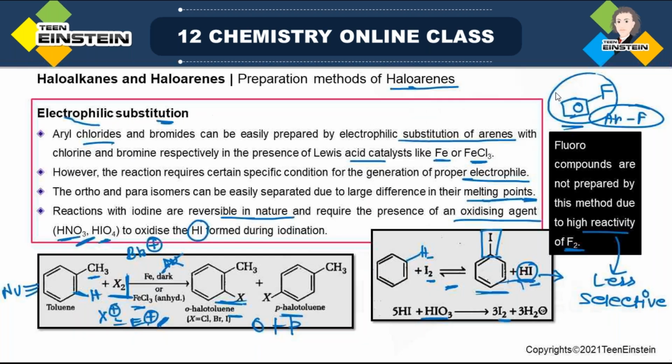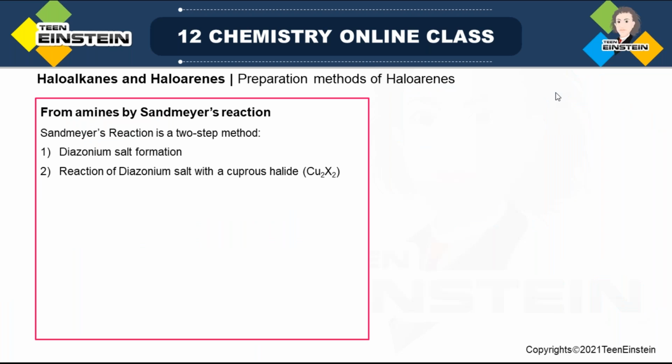So in the previous case we have seen electrophilic substitution. Now another method also we will see, starting from amines, by the Sandmeyer reaction. This is a named reaction, and it basically involves 2 steps.